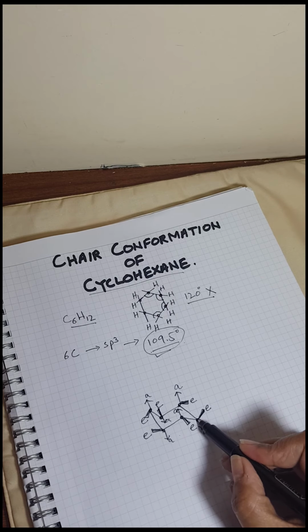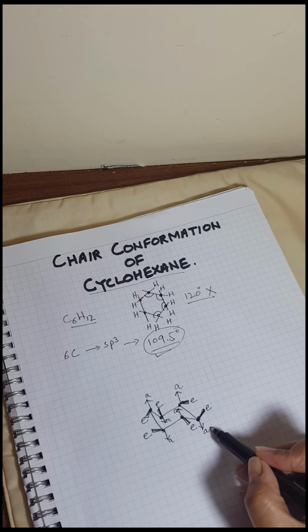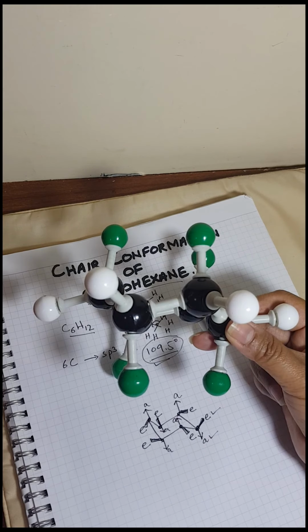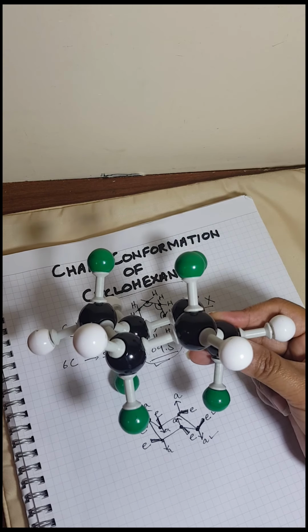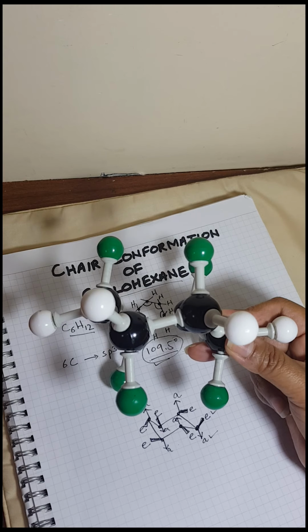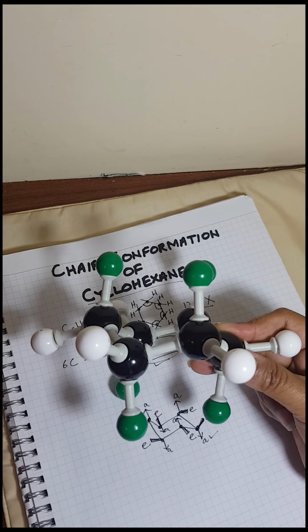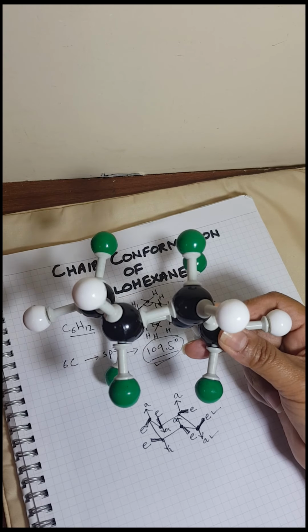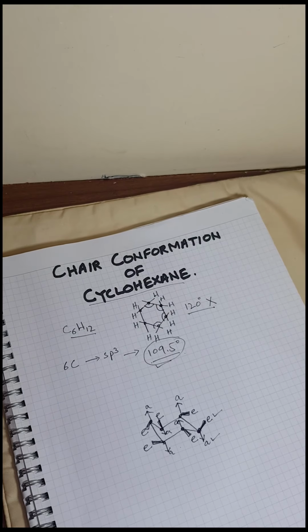Here we can notice that each carbon has one axial bond and one equatorial bond. So by comparing these two, we can say that this is the simplest way to draw a chair conformation of cyclohexane on paper. Thank you all.